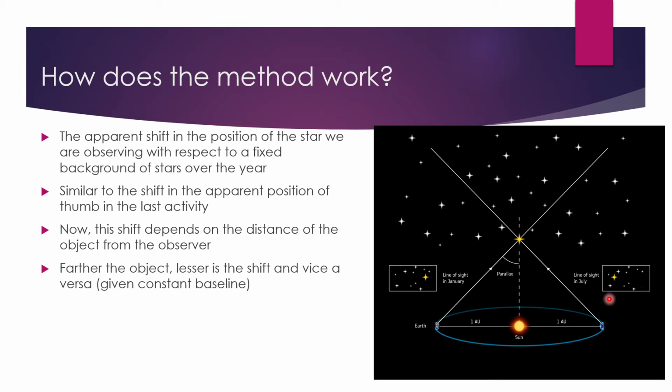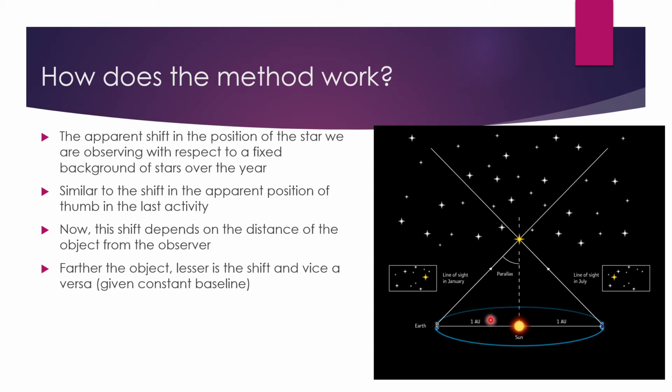Now if the star is close by, this movement will be huge. The parallax will be huge. But if the star is far away, this movement will be very small, and the parallax angle also will be small.